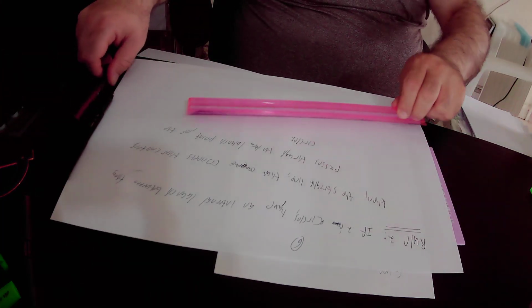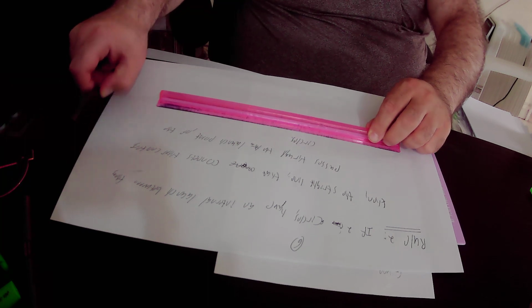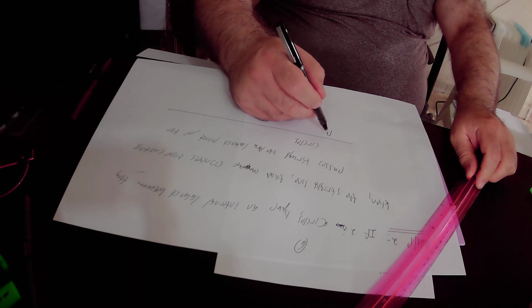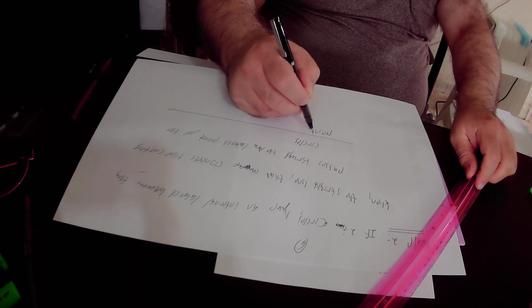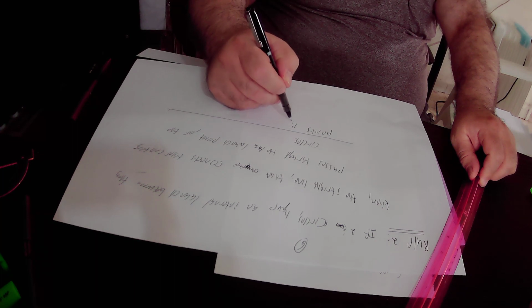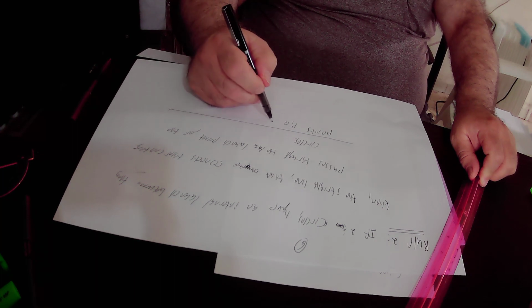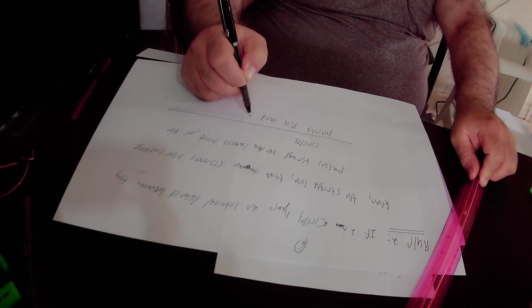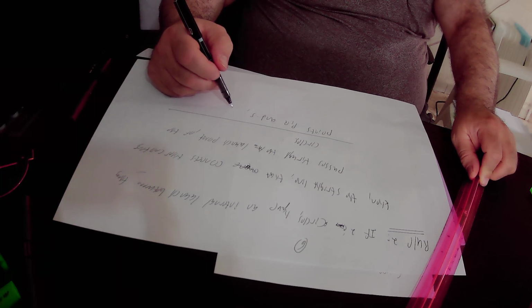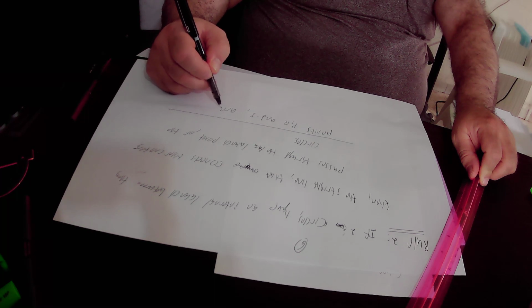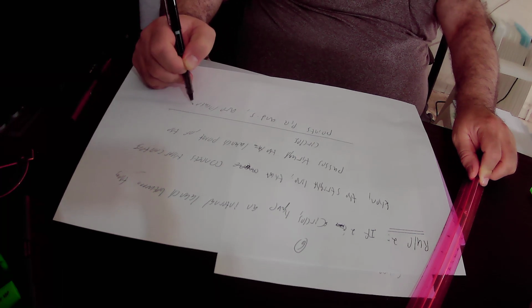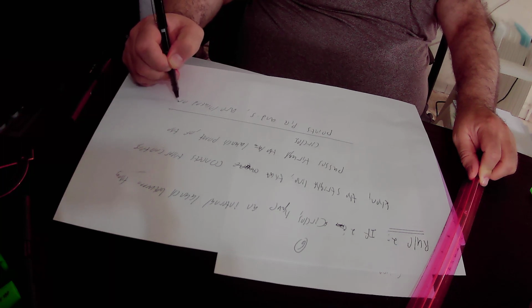In our drawing, according to rule number 2, points P, Q, and S, all of them are located on the same straight line.